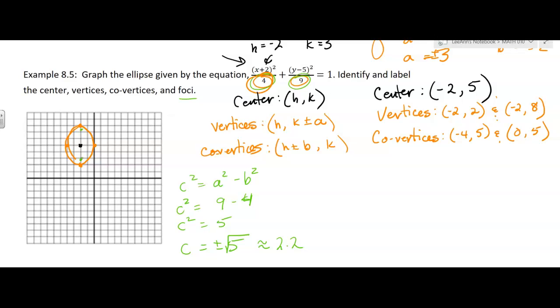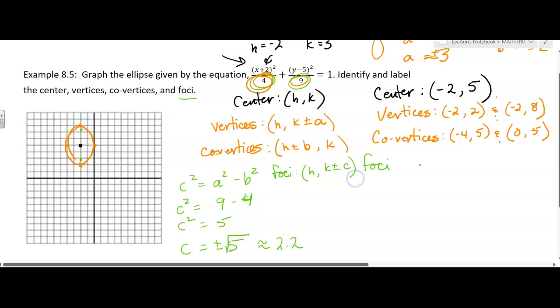Okay, so the foci, it didn't put what it is, but because it's the egg shape, it's going to be h, k plus or minus c. And for us, the foci are going to be h was -2. So the way you're going to write this, the center was 5.